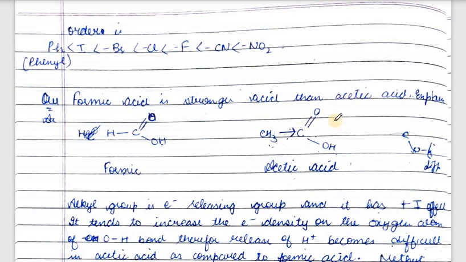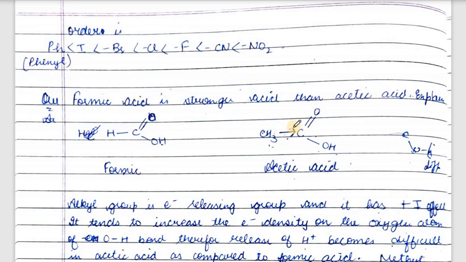Formic acid is a stronger acid than acetic acid. This is formic acid, HC double bond O OH, and CH3C double bond O OH is acetic acid. Now, this CH3 is a group with electron releasing effect, a positive inductive effect.